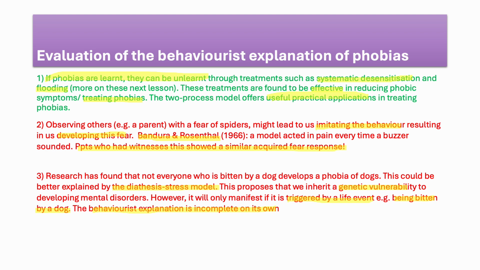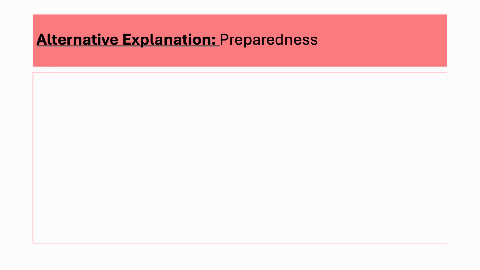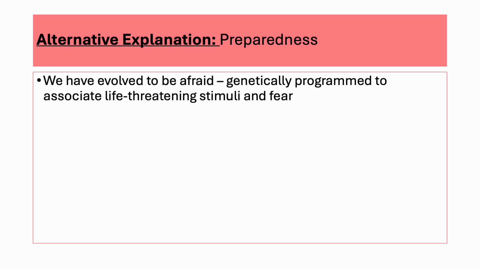So we move on to examine this limit to the behaviourist explanation in a bit more detail now, in which there is an alternative explanation known as preparedness, which is this idea that evolutionary-wise humans have evolved to be afraid. You can link your knowledge of the fight or flight response there, in that parts of our brain, the amygdala and the hypothalamus, are literally programmed to detect threats.